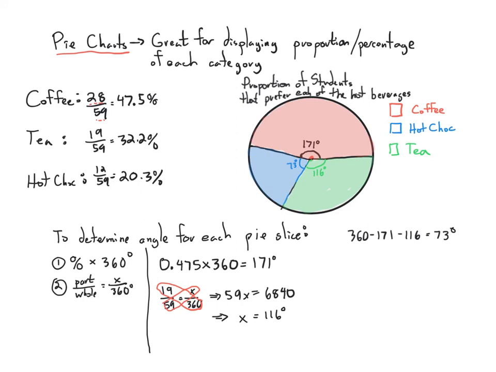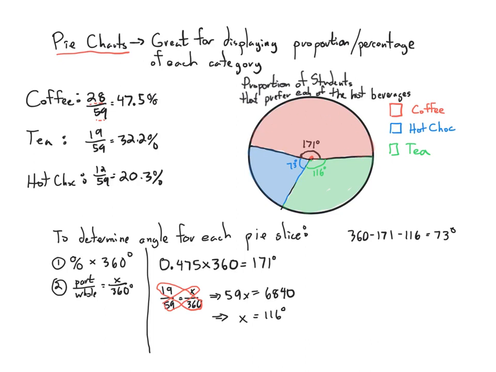Now with pie charts, it's kind of hard to see actual numbers. Looking just at this chart, you can't see that it's exactly 28 students that prefer coffee. But just by looking at this, it's really easy to see that it's just below half of my students. So while it's not as good for giving numbers, it's really excellent to show proportions.